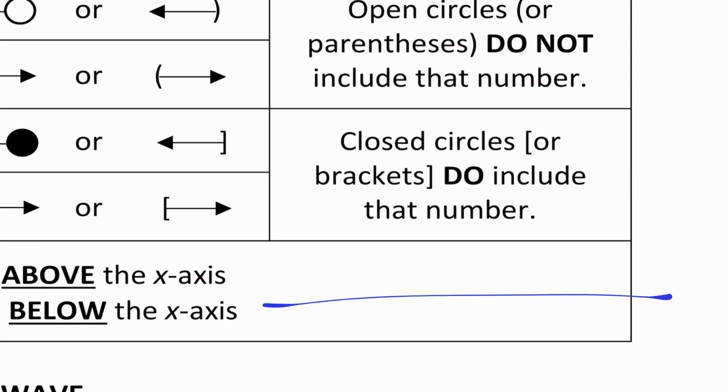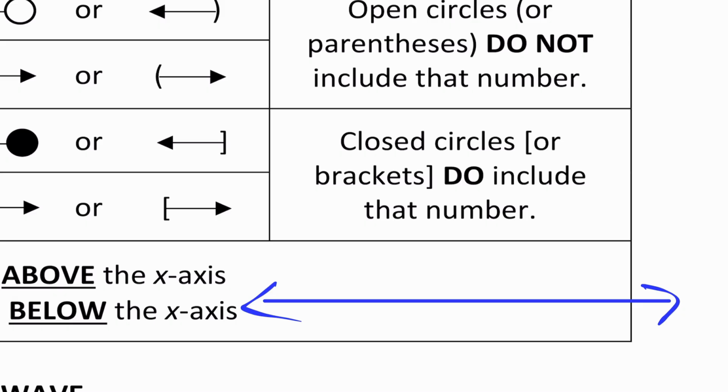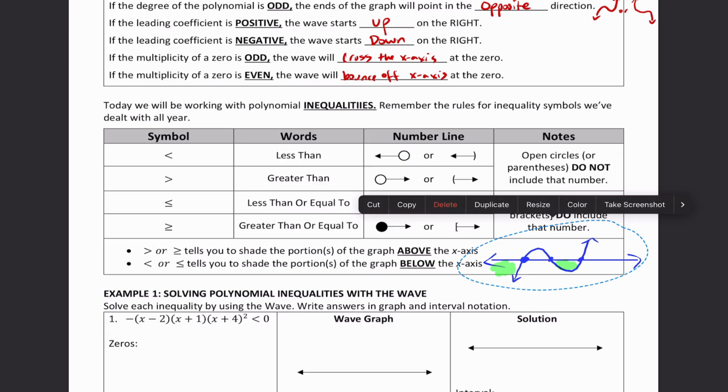Let's say you have something like that, right? So if you were to shade above, again, it needs to be between the line and the x-axis. So it'd be right here and there. If you were shading below, it would be right here and there. Okay? So let's go ahead and do some examples.